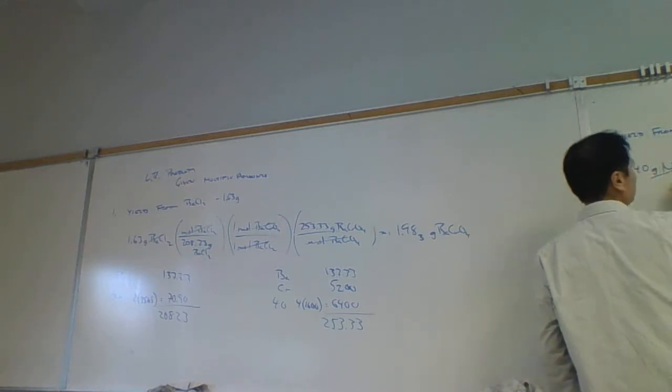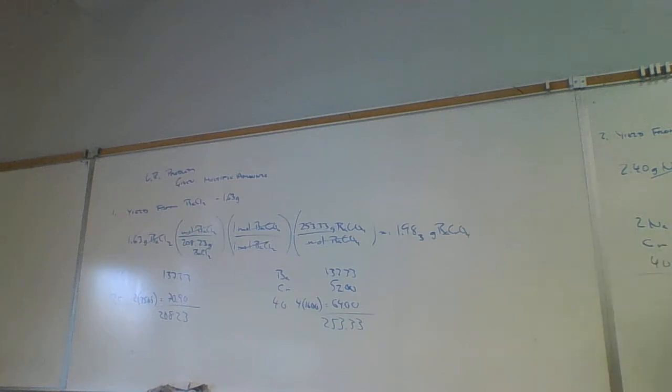The grams of sodium chromate cancels, leaves us moles. And then it's a 1-to-1 mole ratio: 1 mole of barium chromate for every 1 mole of sodium chromate.